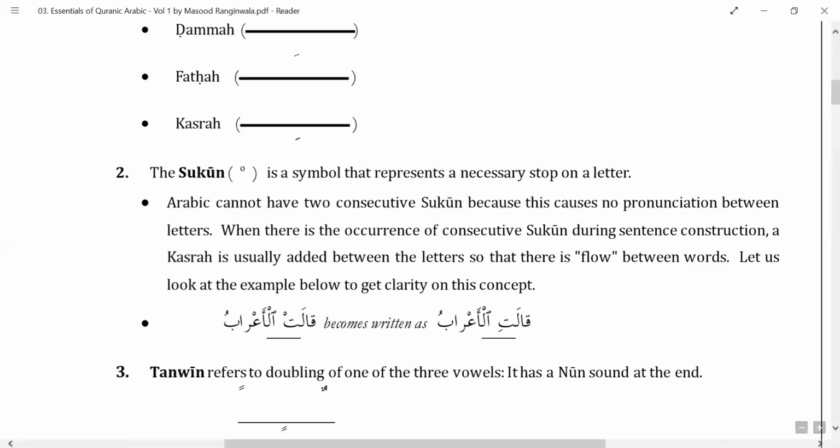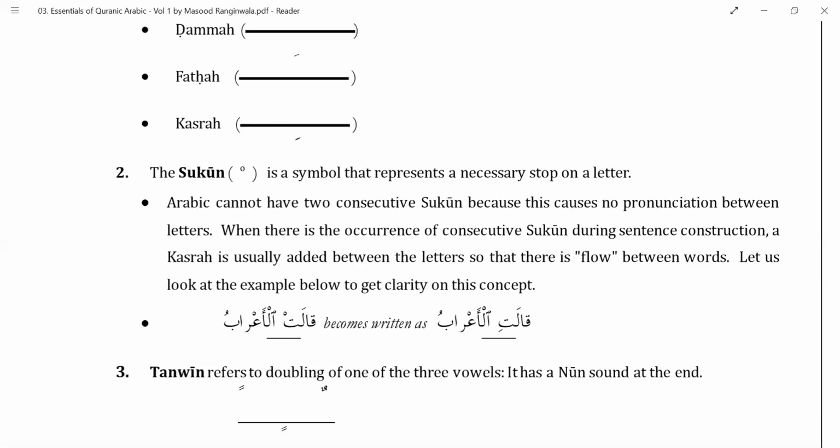So if I have a sukoon here, and again here's another sukoon, lam sukoon. You see this alif here, with a small circle kind of, the head of sad on top. This you do not pronounce unless you start on it. So when I say qalat, and over here is lam sukoon, I cannot join it, because lam sukoon, as I told you, you cannot recite a sukoon, you need help.